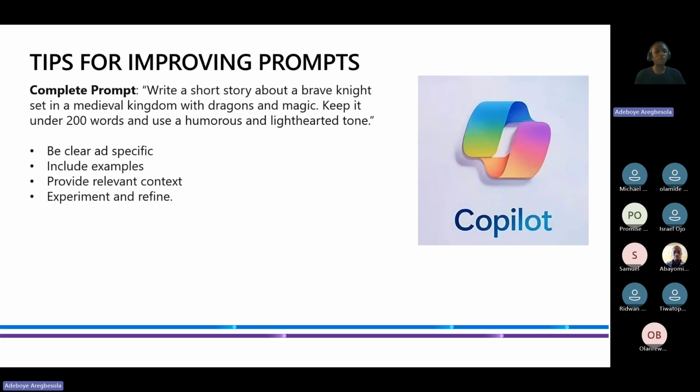So basically, let's move on to the tips for improving your prompts. First tip is be clear and specific. Of course, you don't want to tell it to write about a flower, and then you write something like a flower that is green, but you don't know the name of the flower. So just write me any flower that has green color inside.